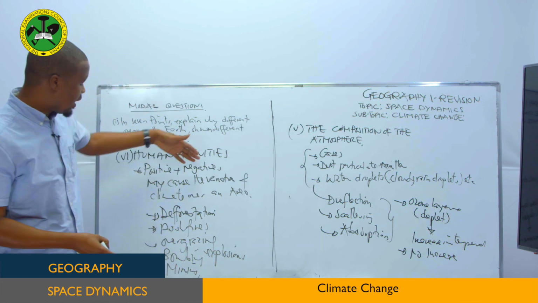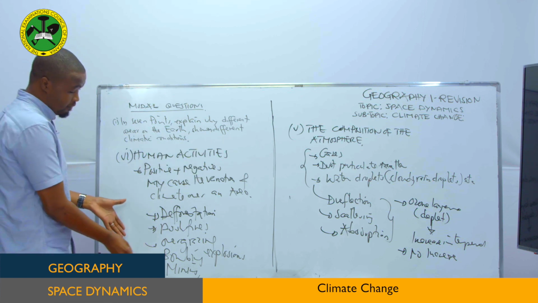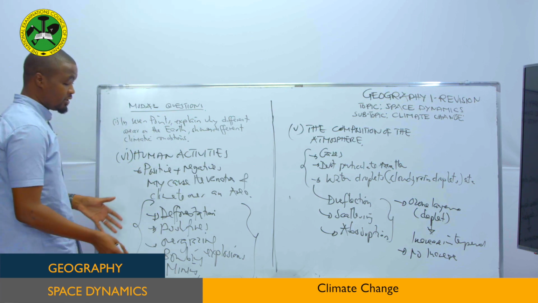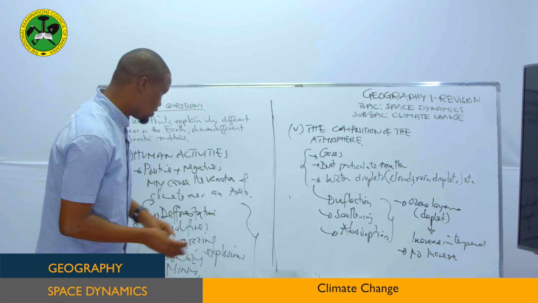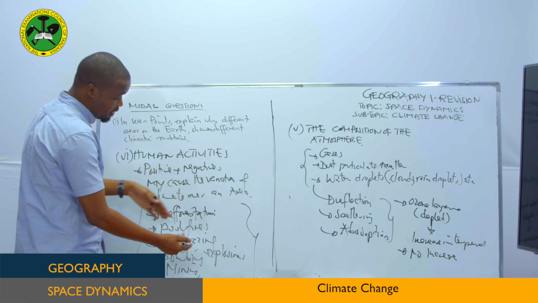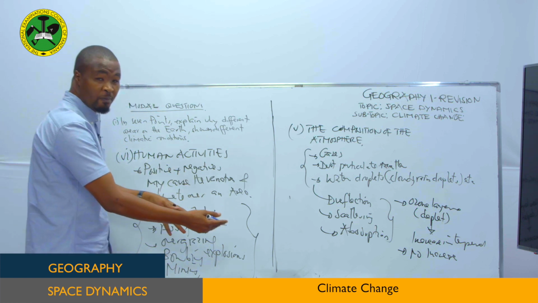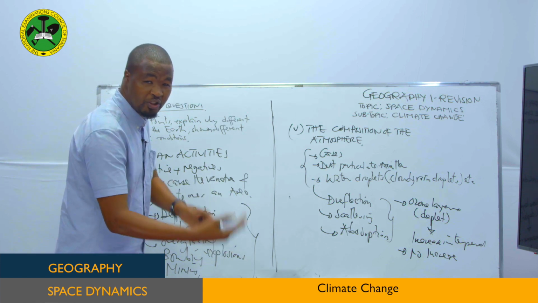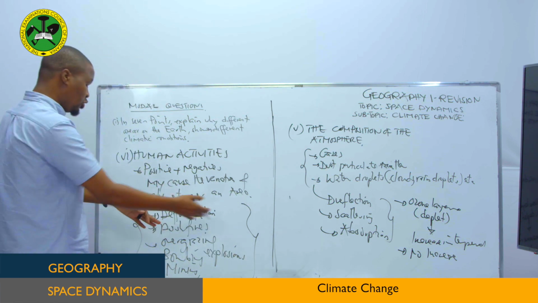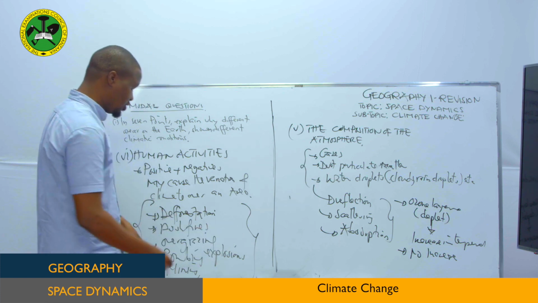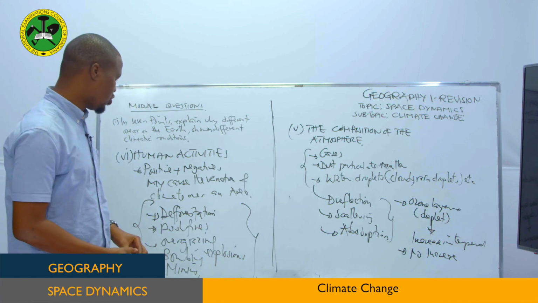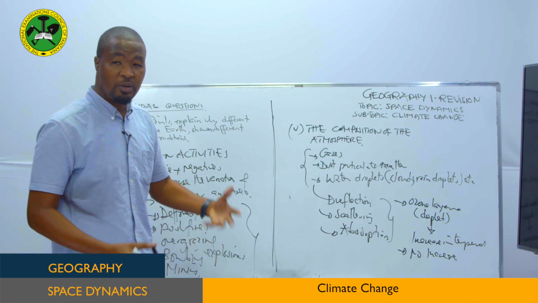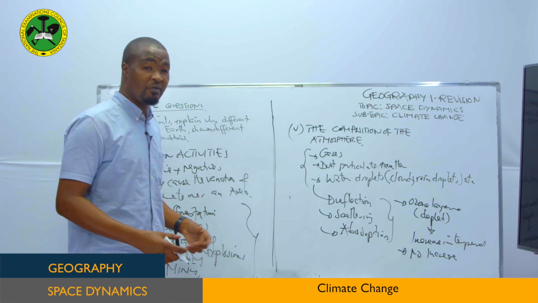As we have right here, and I know you have come across this point in so many subtopics of geography, from Form 2, Form 3, as well as Form 4. So you should be able to explain, for instance, how deforestation may lead to drought, how deforestation may result in low or little rainfall over a given area, bushfires, overgrazing, bombing, explosion, mining, etc. So these are some of the factors that may result in the variation of temperature, the climatic condition of a given area.